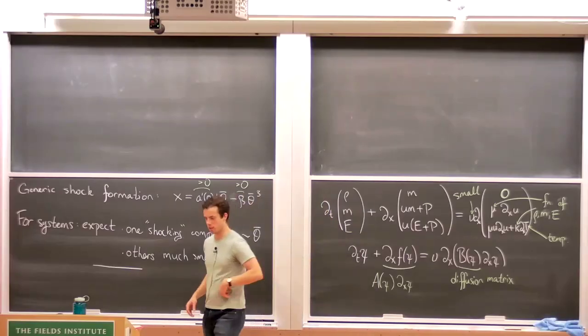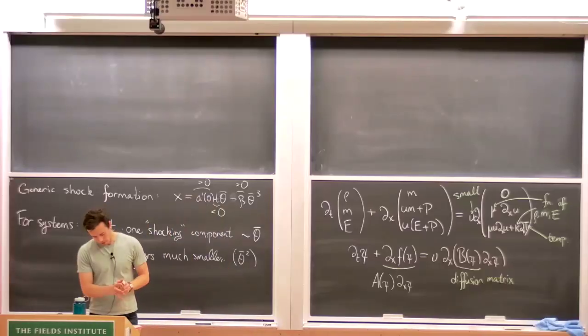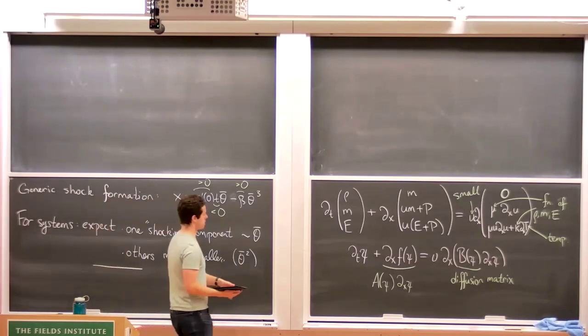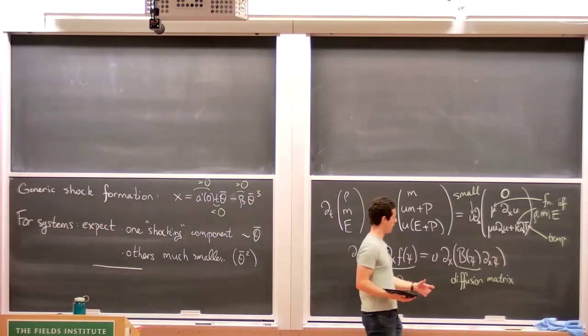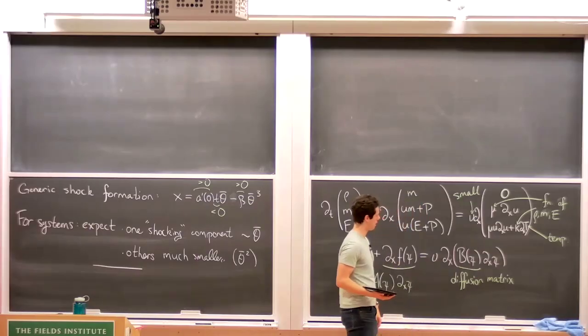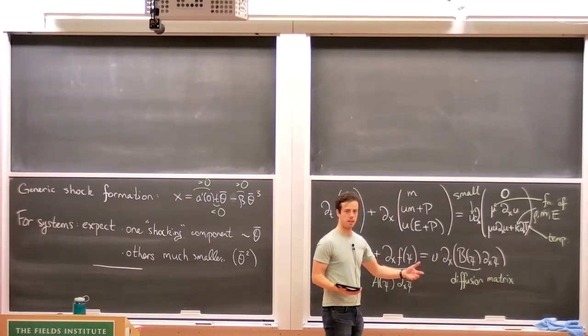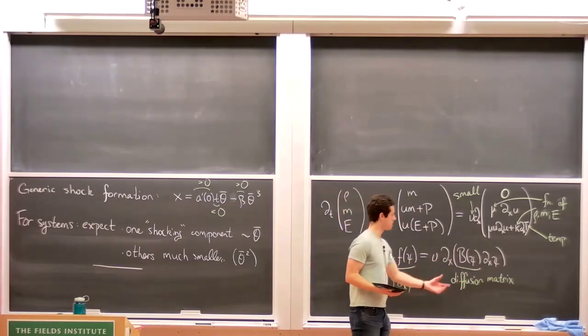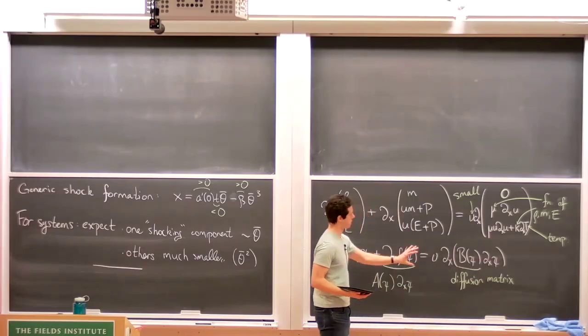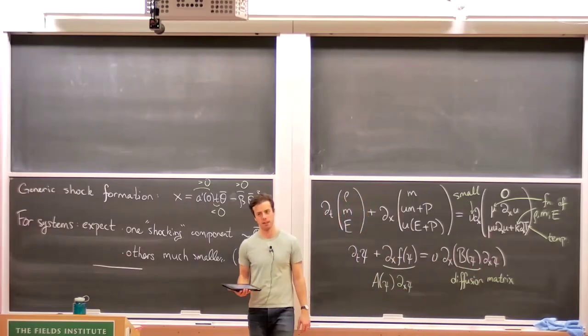This is foundational work going back to Kawashima in particular and Shizuta, who considered more general expressions like this and identified various abstract properties of the diffusion matrix which permit degeneracy. That's the main point that makes this a non-trivial statement. If this is a strictly positive definite matrix, then the local well-posedness of this equation follows from very standard techniques.